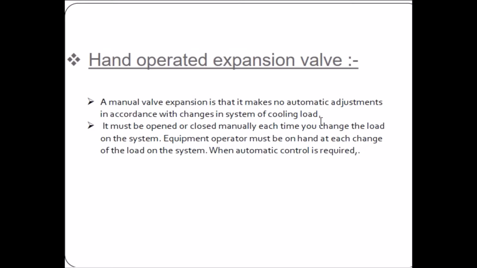If we tighten, what happens? The supply changes. So we just adjust the screw manually. It must be opened or closed manually each time you change the load on the system. The equipment operator must be on hand at each change of the load on the system when automatic control is required.